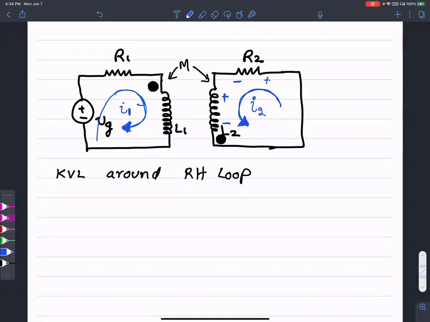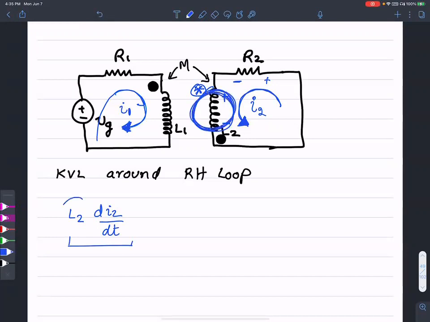It doesn't matter where we begin. We'll begin our analysis somewhere there arbitrarily. So L2 di2 by dt is the voltage drop in this inductance.